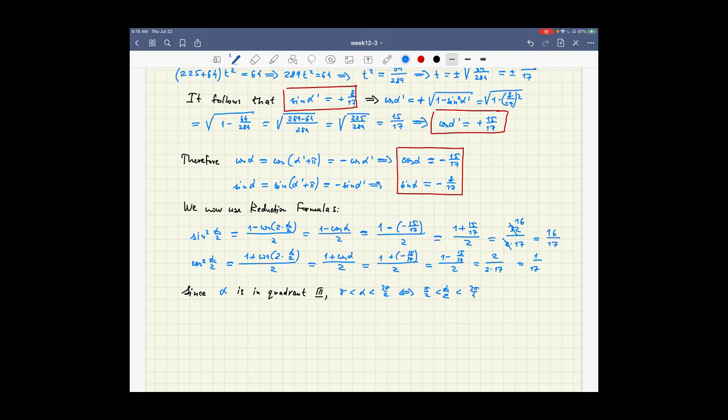So in other words, alpha over 2 is in quadrant 2. And therefore, sine of alpha over 2 is positive, and cosine of alpha over 2 is negative.